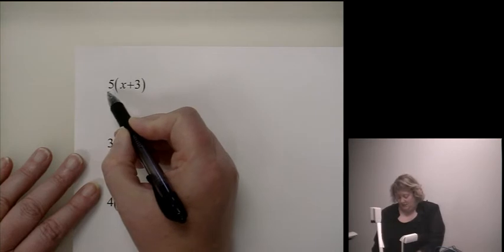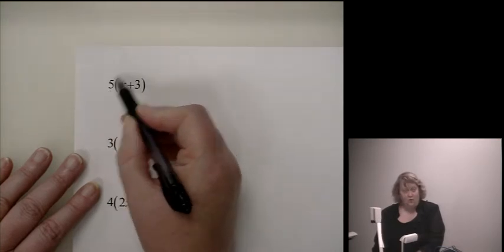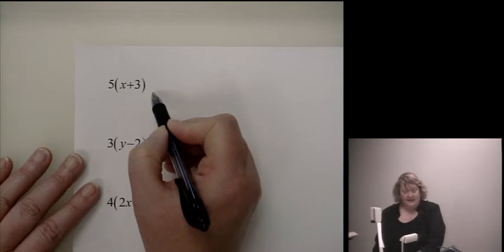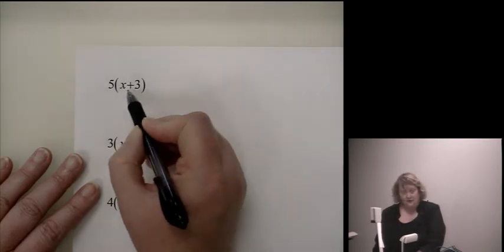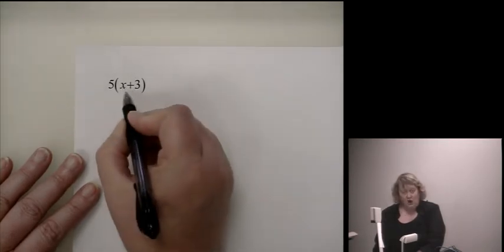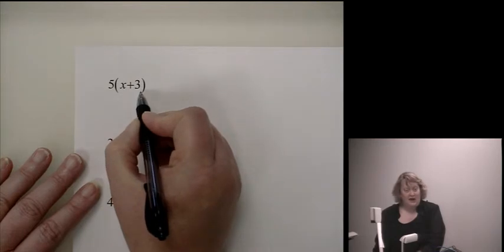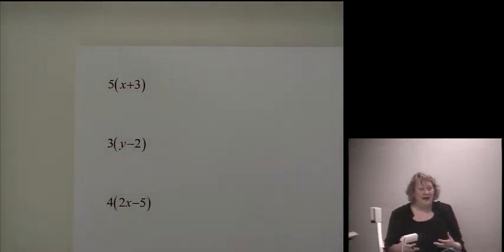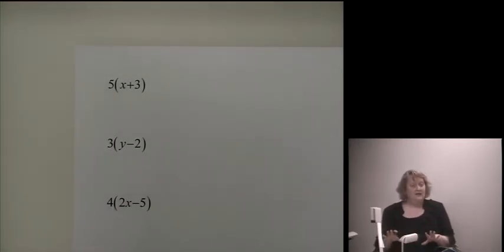We have a number that can be either in front or it could be in the rear of an expression. Inside the expression is a set of terms that are either added or subtracted. And remember, a term is something that's separated by a plus or a minus. It is two parts. They're not multiplied, they are added or subtracted.